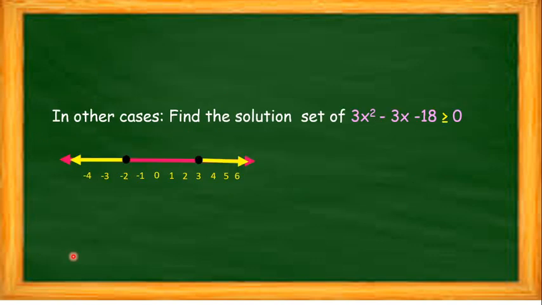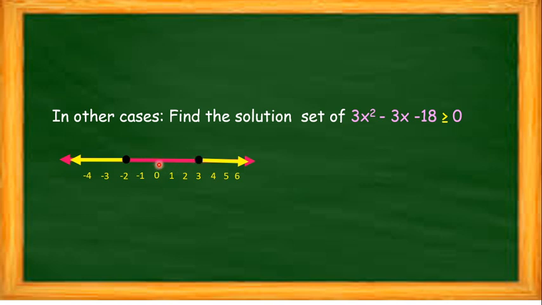Now, in other cases, let's choose the greater than or equal symbol but using the same given. So we can use the same critical points, negative 2 and positive 3. Now we're going to choose the test points.